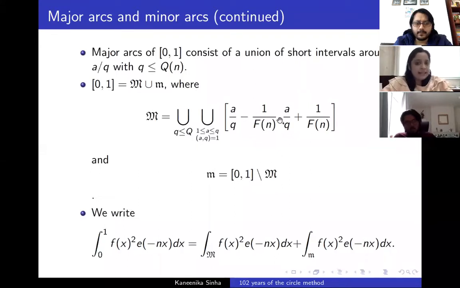For anything strictly inside the unit interval, you can take these short windows that go both sides of that rational number. Remember, this integral from 0 to 1 is what we have to evaluate. We want to find out whether it is positive or not. So we write this as the corresponding integral over the major arcs, plus the corresponding integral over the minor arcs.